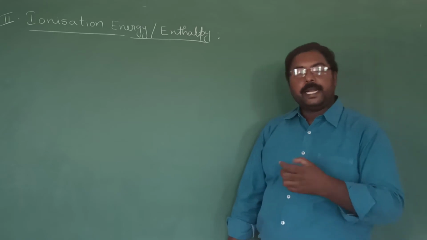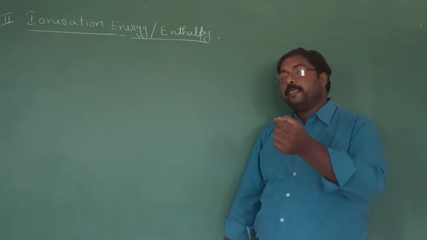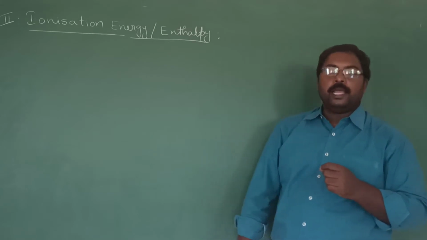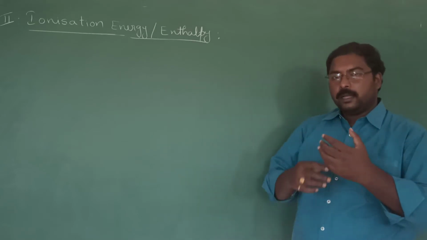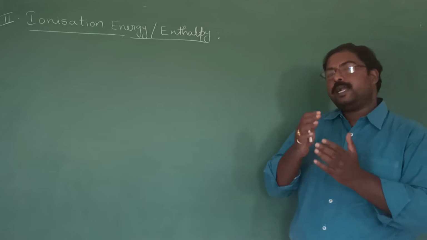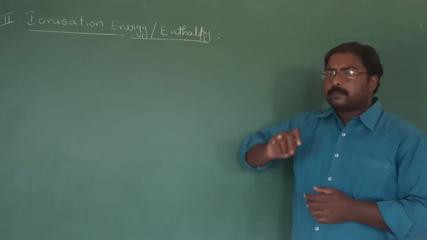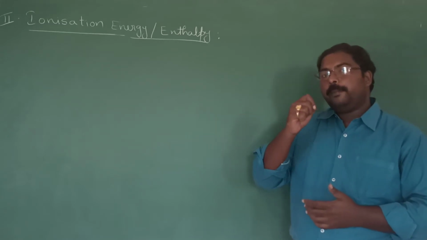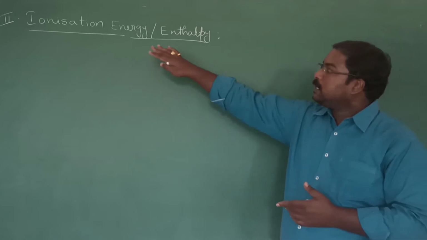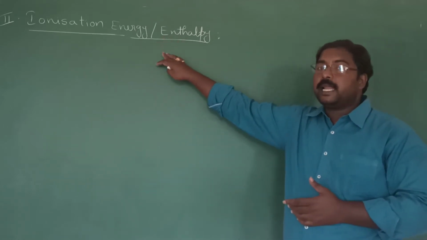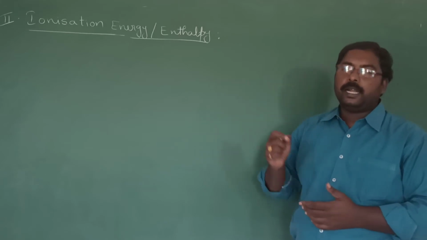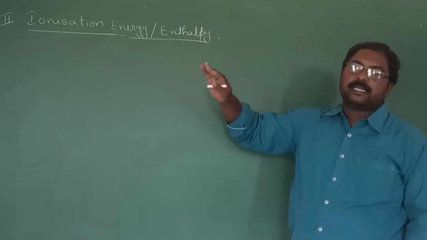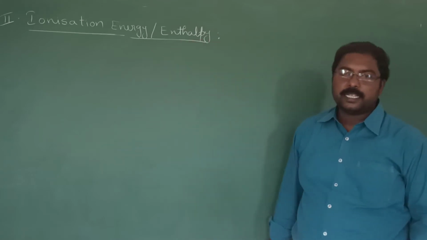As I told you, atomic radius is one of the important ones, because to understand the next periodic properties, atomic radius is very important. Even to know the nature of the compounds, so nature of bonding between them. To understand all those, atomic radius is very important. But from the competitive exams point of view, ionization potential or ionization energy is a very important periodic property, because many applicable questions are asked based on this ionization energy.